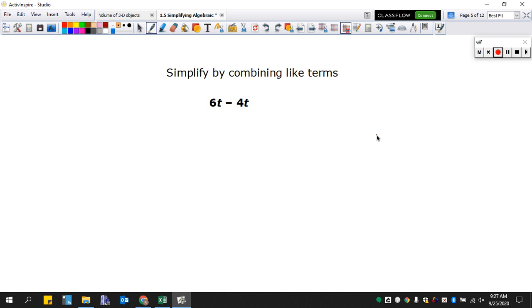So when we simplify, we're going to just combine the like terms. Here obviously it's a t and a t, a 6t and a 4t. Our operation is subtraction. So we're just going to say 6t minus 4t. We're going to subtract the coefficients. 6 minus 4 is 2t.